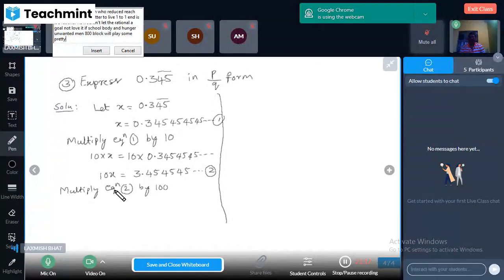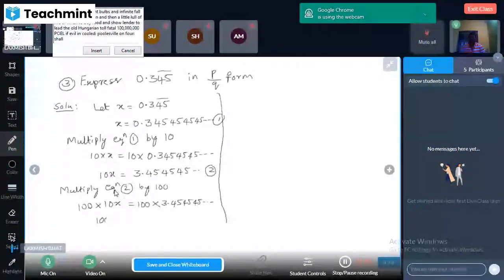So by 100, it becomes 100 into 10x. We are multiplying equation number 2, not 1. So 100 into 3.454545... and so on. So 100 into 10x means it is 1000x.